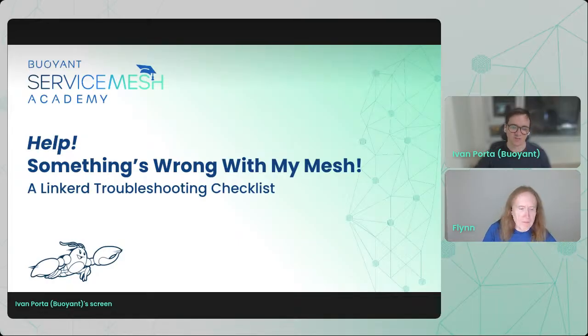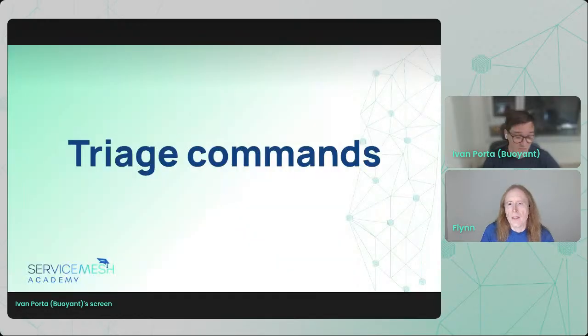So it actually makes a lot of errors transpire, and the first thing people think is that it's Linkerd. But a lot of times it's not Linkerd itself, it might be network latency, it might be the application itself. So it's important to know some commands to start troubleshooting, to do a general checklist, or general check of the mesh.